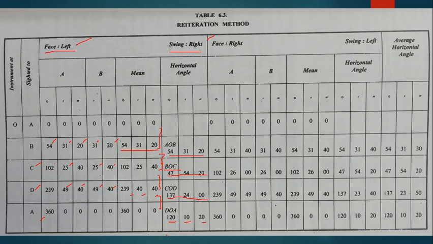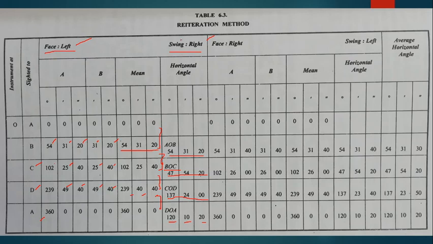If it is very large, then we simply discard all the records and repeat the entire process afresh, being very careful the second time not to get that much error. But if the error is very small, you can simply distribute it equally to all the angles, right?